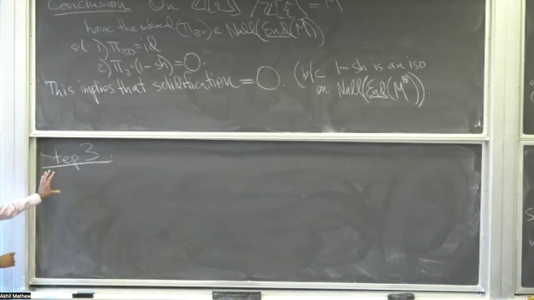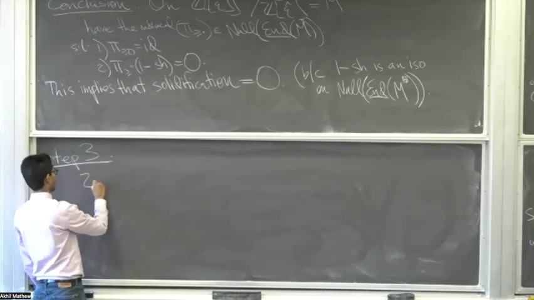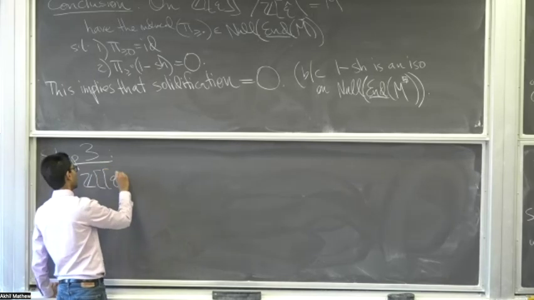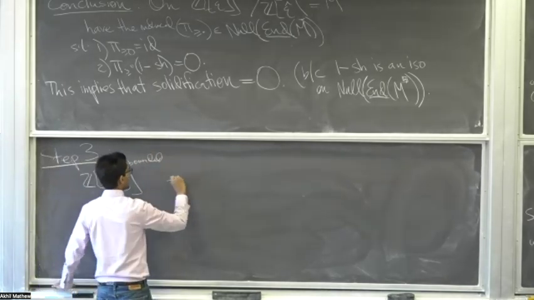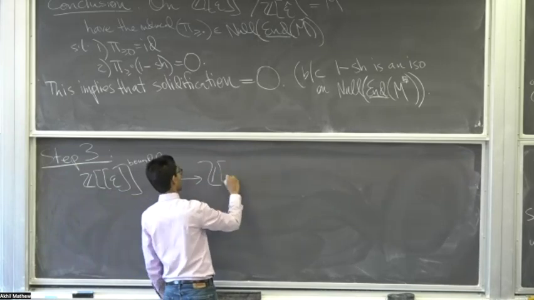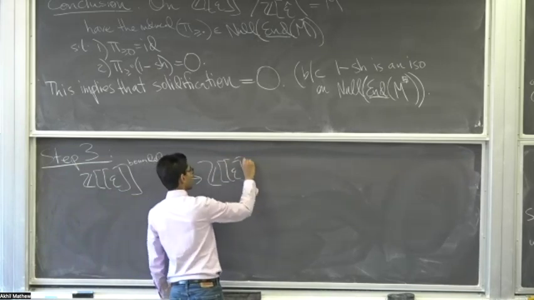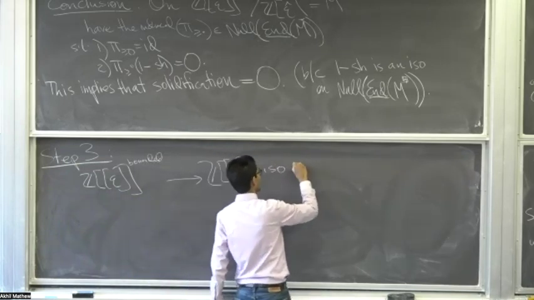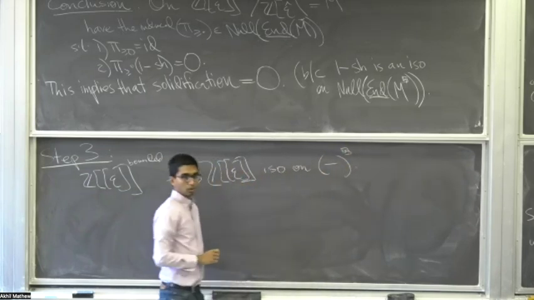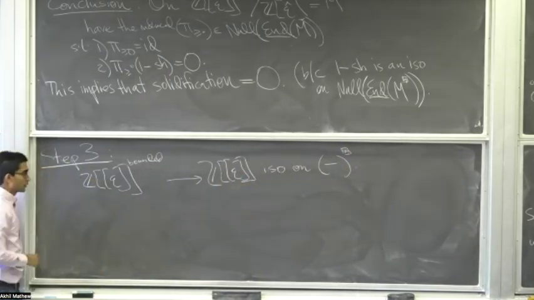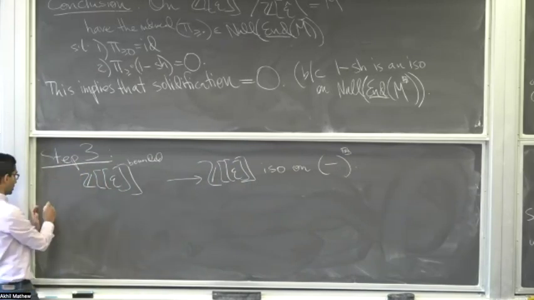Okay, so then one has the claim that C double brackets Q bounded to Z double brackets Q is an isomorphism on solidification. So this is where we're going to need step one.